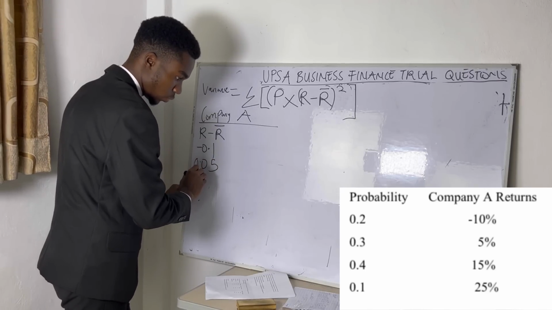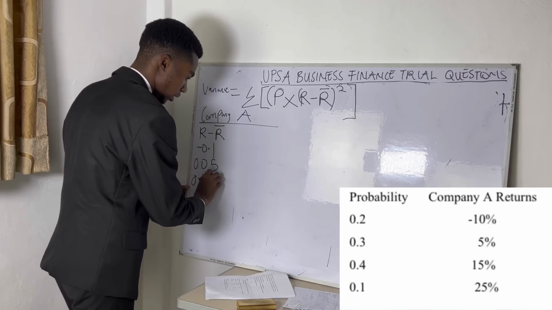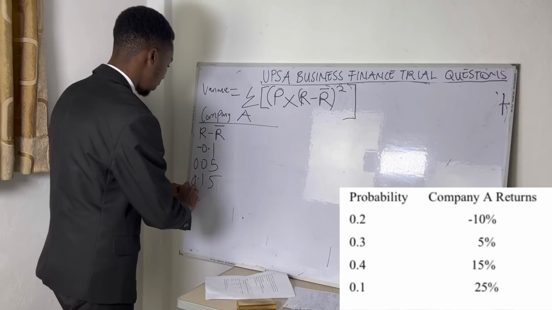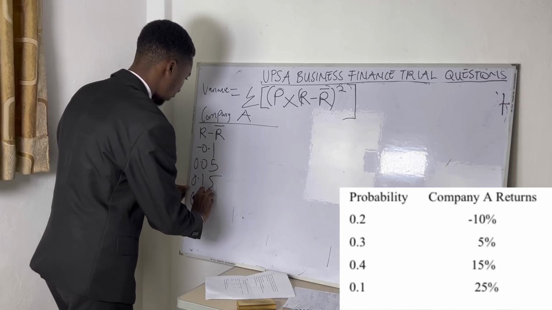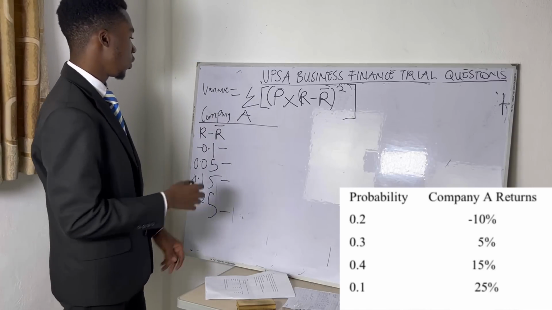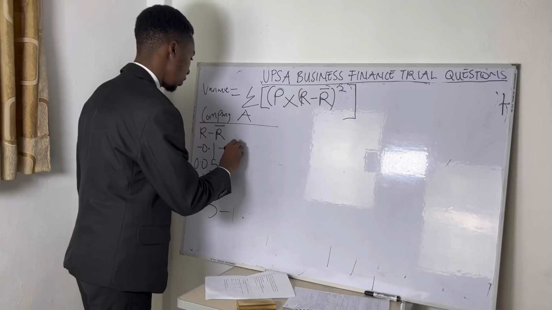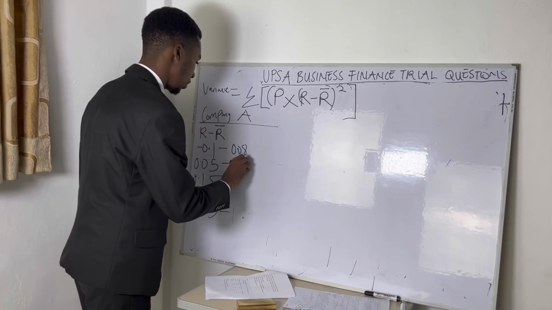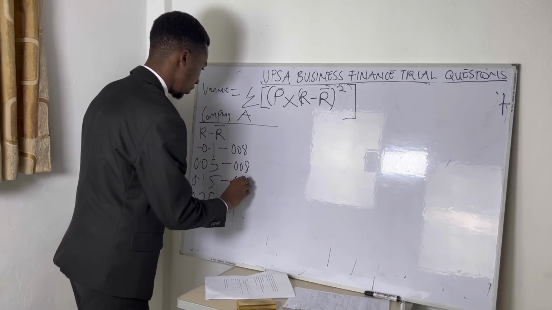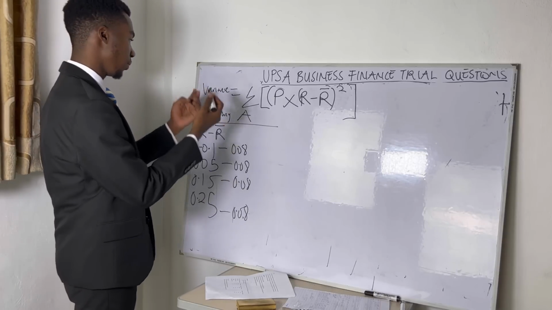Then the third one was 15%, which is the same as 0.15. Then the fourth one was 25%, which is the same as 0.25. So you subtract all this minus the expected returns, which we solved for in part A already. So when we solved for the expected returns, we got 0.08. So the expected return, or the average return, is the same for all the years.